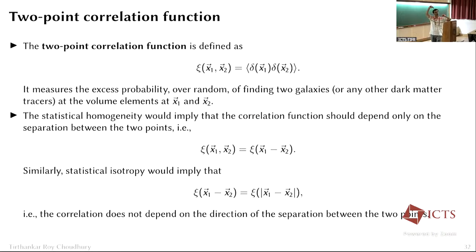So it won't also depend on the direction of the difference vector. So it actually simplifies the correlation function significantly. It basically becomes a function of one variable, which is the magnitude of the separation between 2 points. The simplification arises because of statistical homogeneity and isotropy. Otherwise, if those things don't exist, then it's a function of these 2 variables, x1 and x2.